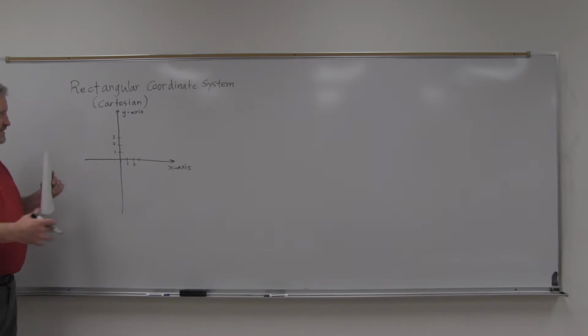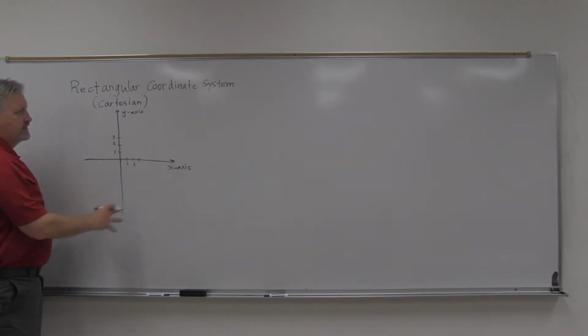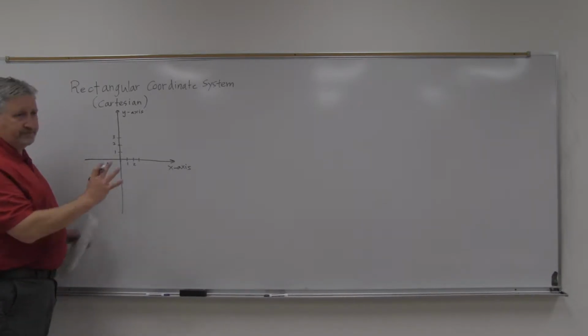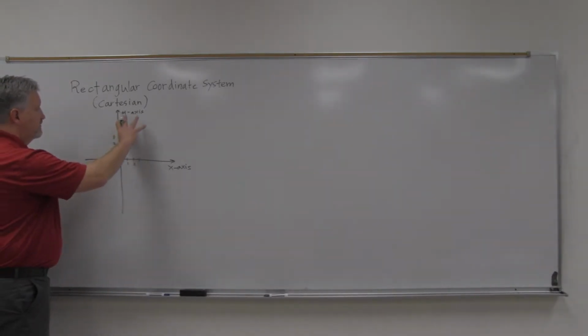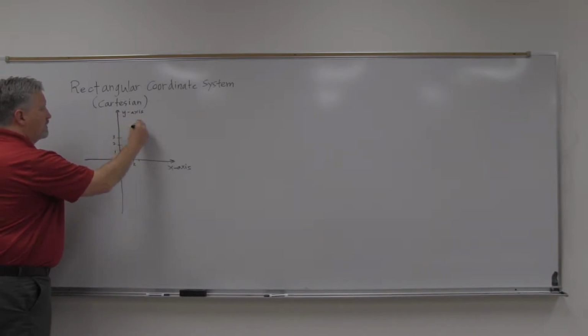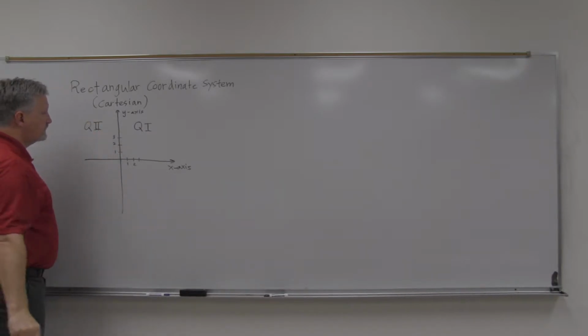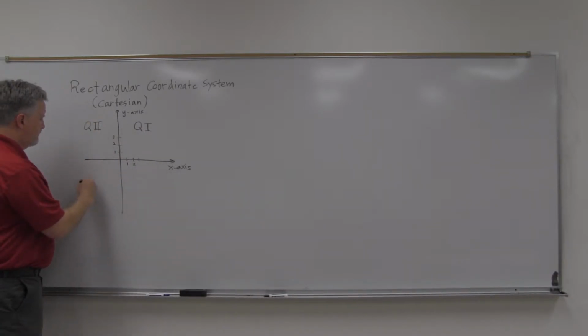Again, just some more terms, that breaks the surface into four parts, quadrants they call them. You've got the upper right quadrant, that's where they start with quadrant 1, and then using Roman numerals, quadrant 2 is then you go counterclockwise, quadrant 3 and quadrant 4.